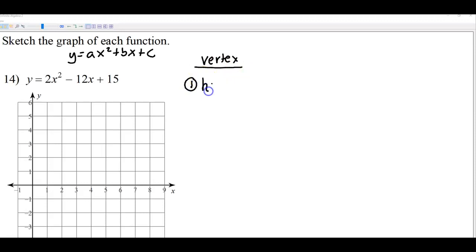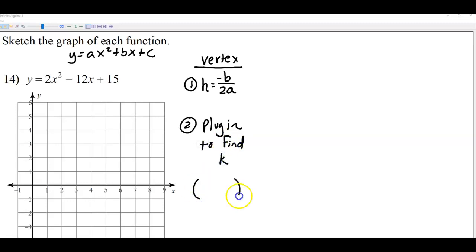You could also call it x, but I'll just call it h. The h value is negative b over 2a. After that, you take your answer and you plug it in for x to find y. Or I should say k, to find k. And once you have those two things, you'll have your vertex.